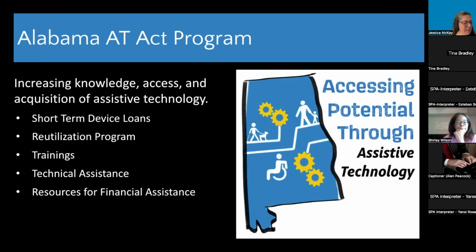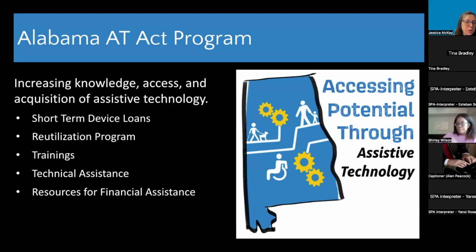All right, thank you everyone. Apologies for that delay. Welcome again to our webinar, and this is APTAT, or Accessing Potential Through Assistive Technology. We are the Alabama AT-ACT program. Our mission is to increase knowledge, access, and acquisition of assistive technology throughout the state of Alabama. We are a federally funded program, and we do this through several different activities.